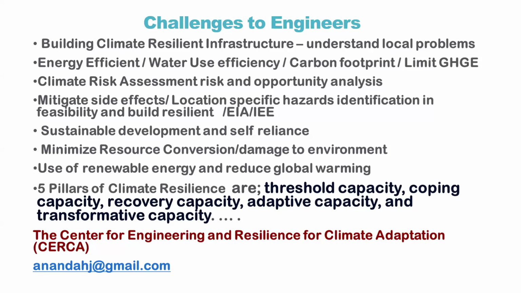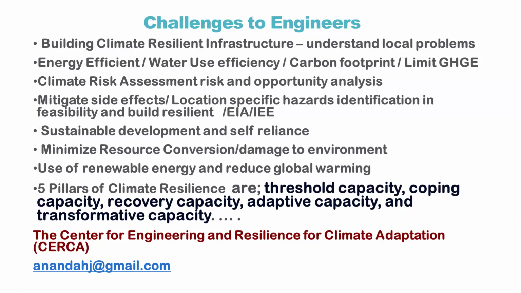The 5 pillars of climate resilience are threshold capacity, coping capacity, recovery capacity. Coping capacity is how much we can cope with impacts. Threshold means now, carbon emission threshold is 450 ppm in the atmosphere. So if the threshold is passed, respiratory problems, lung issues will rise and a lot of people die.